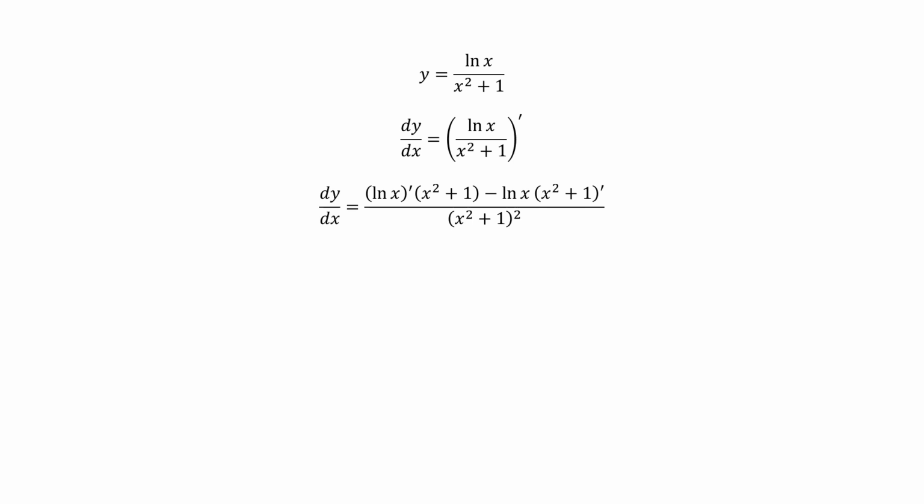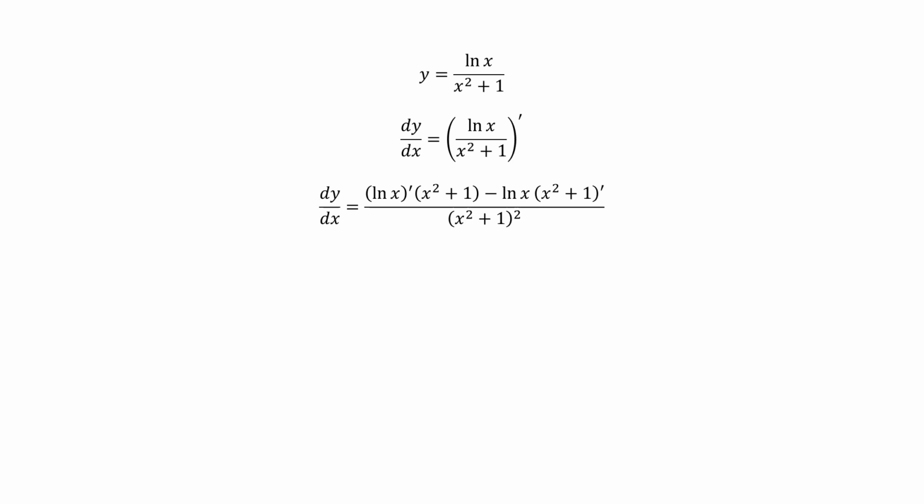dy by dx equals natural log of x prime times x squared plus 1 minus natural log of x times x squared plus 1 prime all over x squared plus 1 squared.